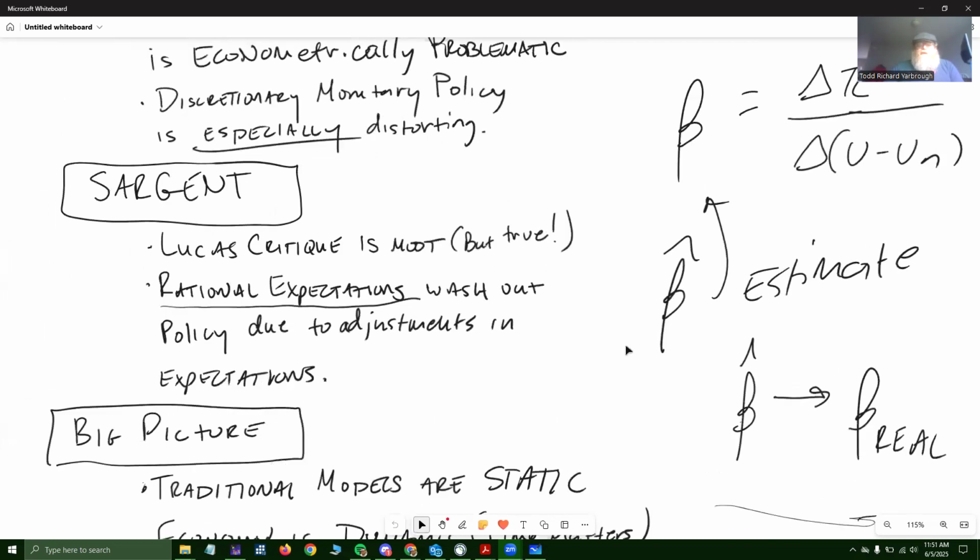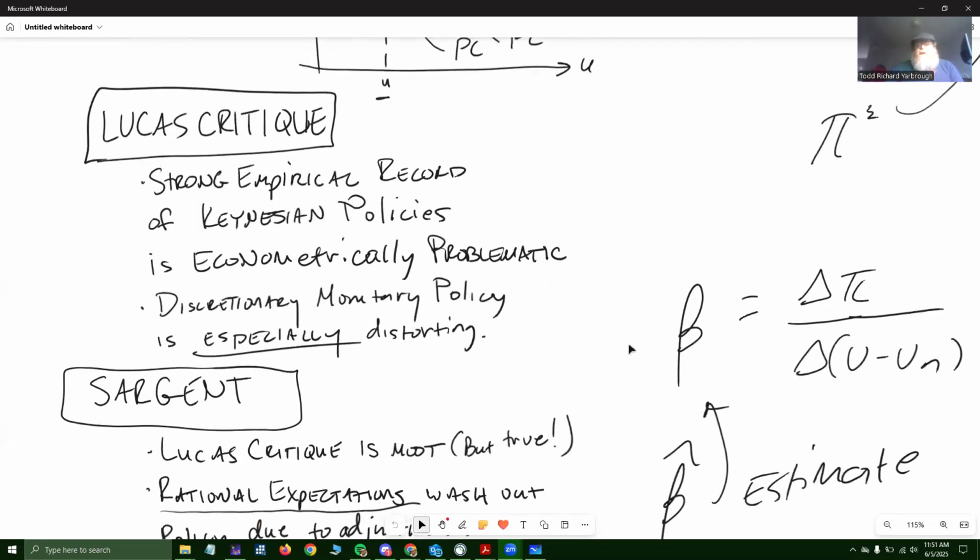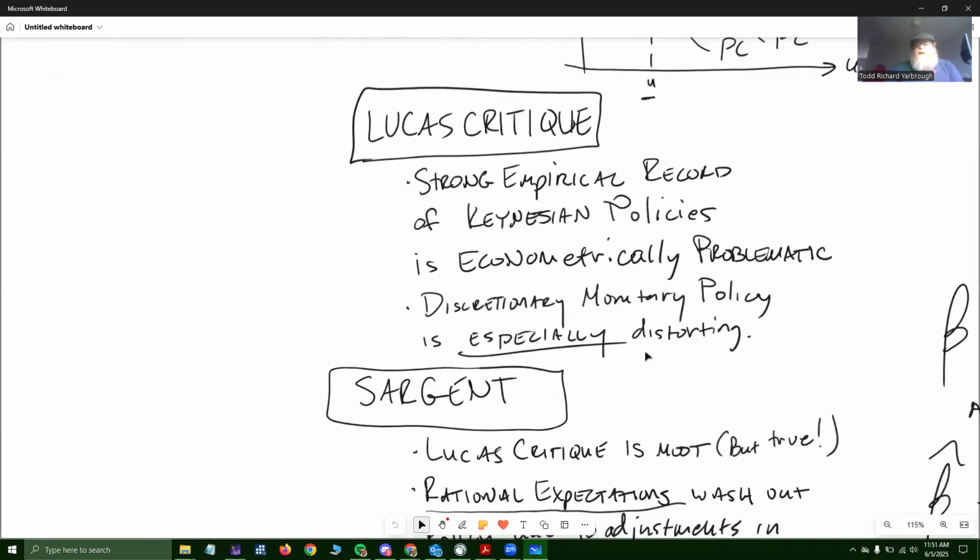I think Lucas's broader point was that the entire idea of trying to estimate the relationship between unemployment and inflation was rife with econometric problems, to the extent that Lucas's main argument was you can't trust the Phillips curve paper, and you can't trust the Samuelson-Solow paper on American data. Those papers were, in a sense, a facade in many ways.